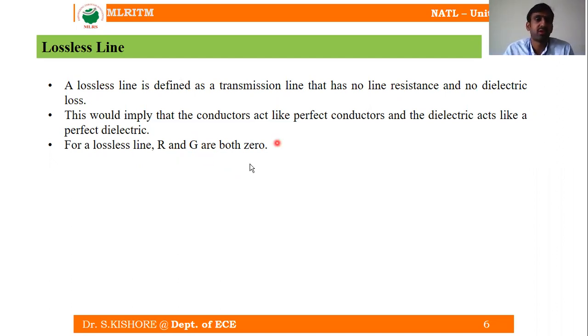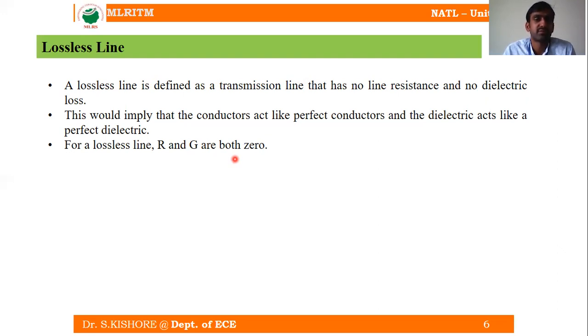One may have a doubt whether the lossless line may exist practically or not. Obviously, 100% we can say we may not have a lossless transmission line or a lossless medium practically, right?